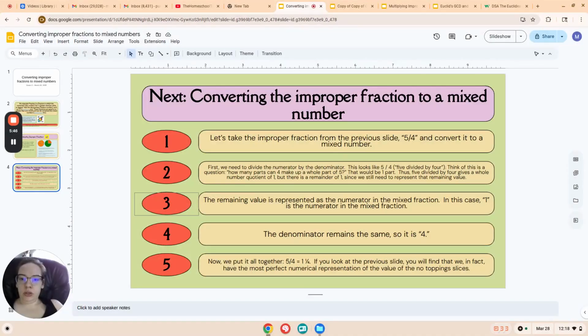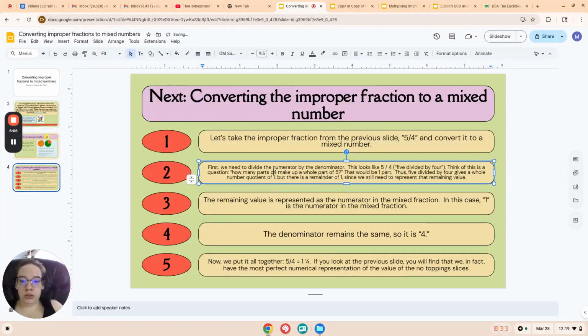Number 2, first we need to divide the numerator by the denominator. This looks like 5 divided by 4. Think of this as a question: how many parts of 4 can make up 5? This was written incorrectly, a typo because I typed fast. How many parts of 4 can make up?